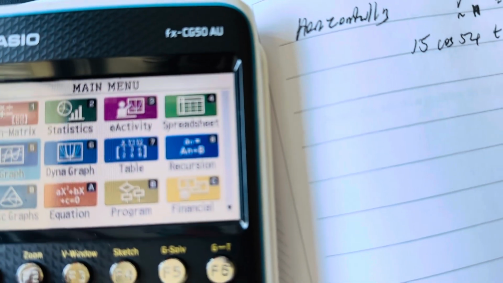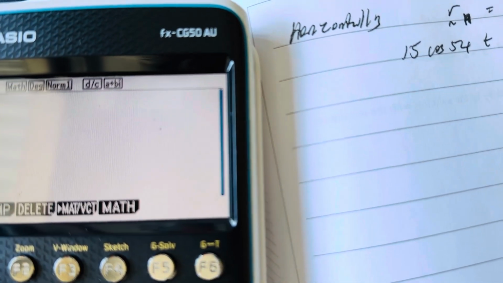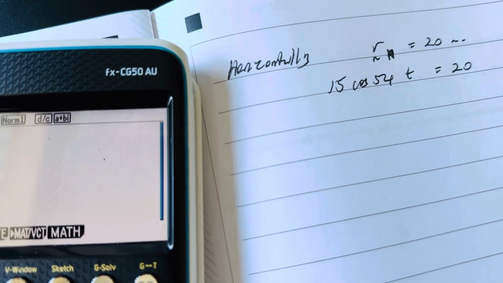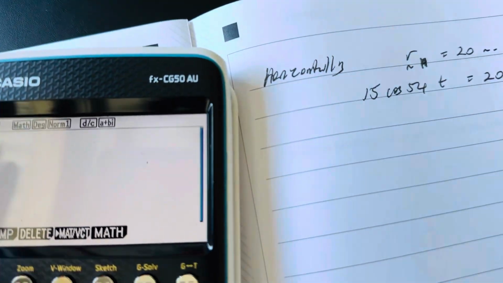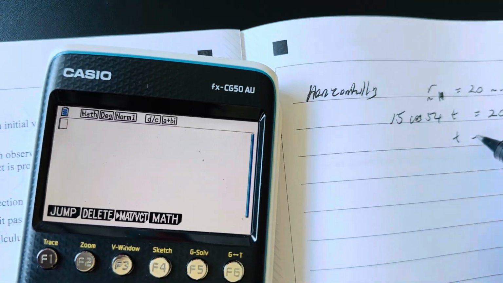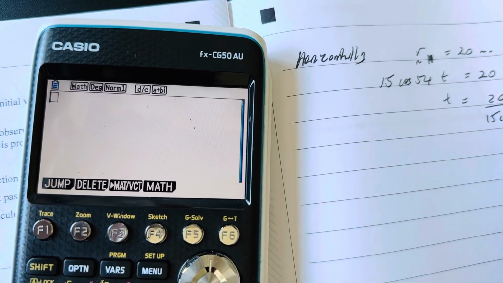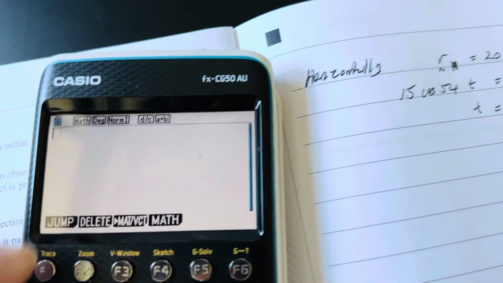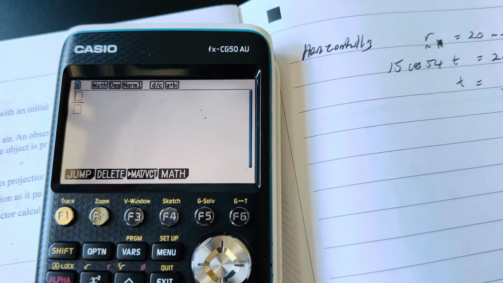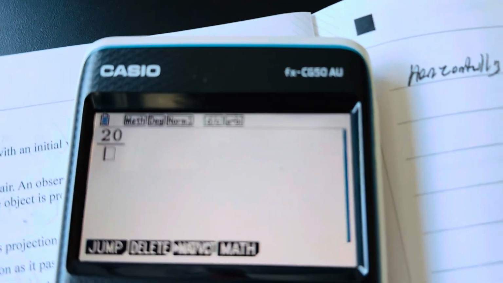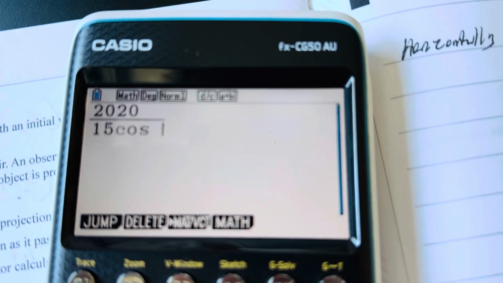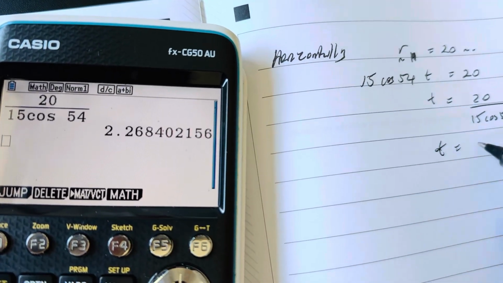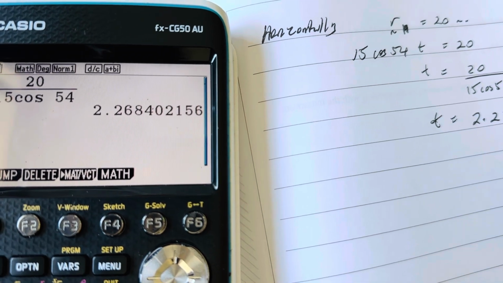Let's go to menu, run that. Do I want to solve it? Do I want to rearrange? I'm going to rearrange. I want t equals 20 over 15 cos 54. Make sure I'm in degree mode, of course. So I'm going to have 20 on top, and on the bottom 15 cos 54. Execute. t equals 2.27 seconds.